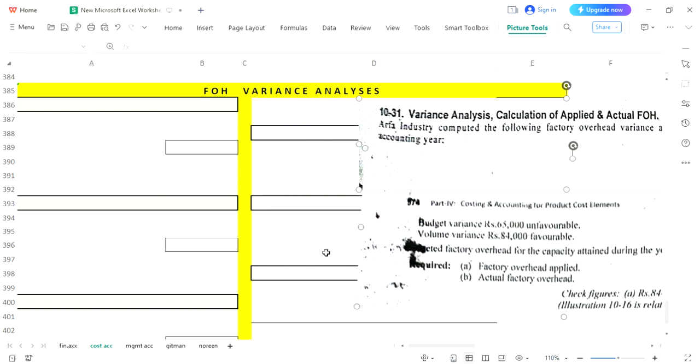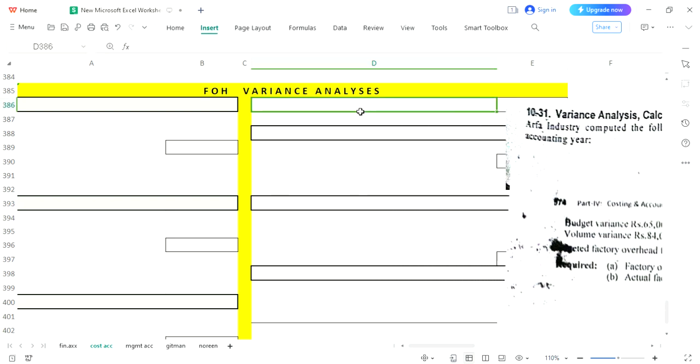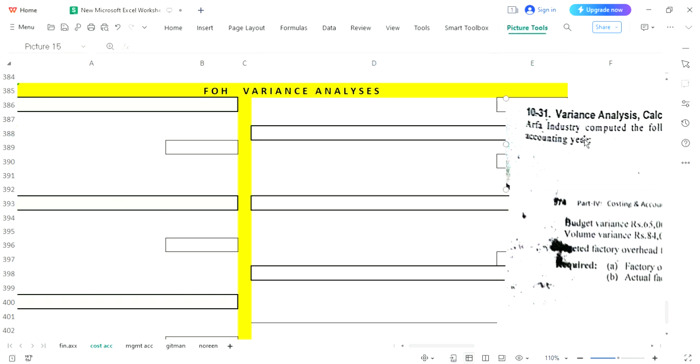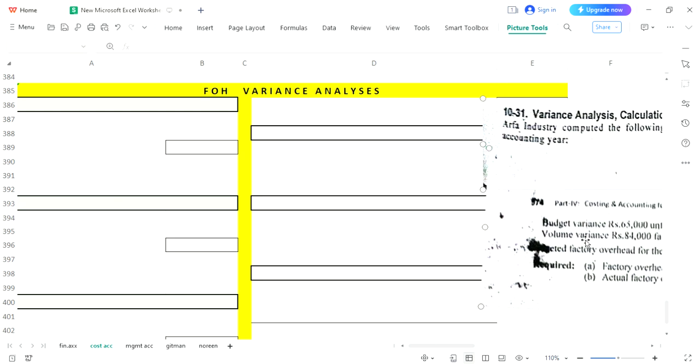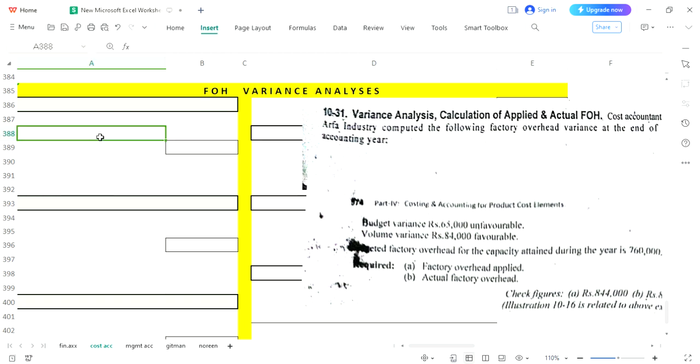You remember that on the first side you write actual FH, then applied FH, then budget FH. But what I am saying is that you don't need to write anything on the right side of your format; everything would be written over here. First thing first, calculate your total variance.